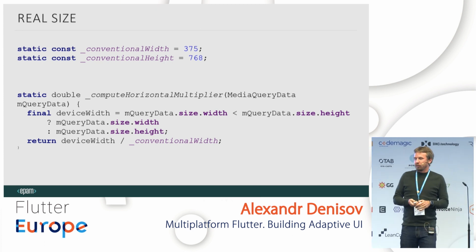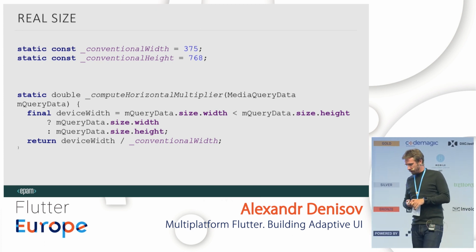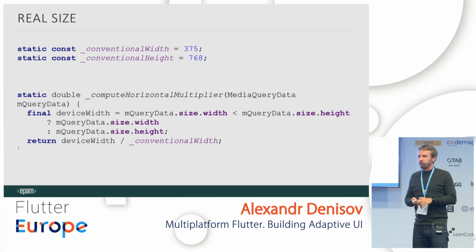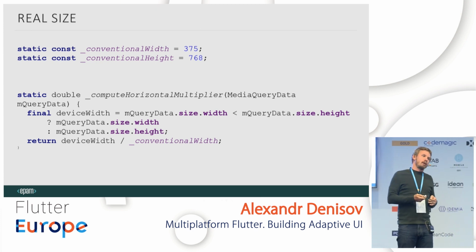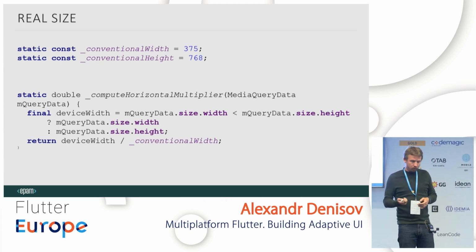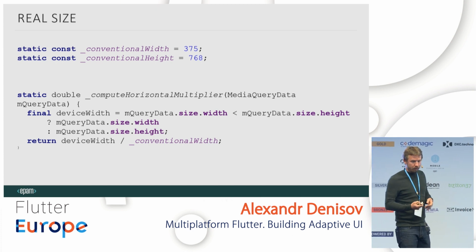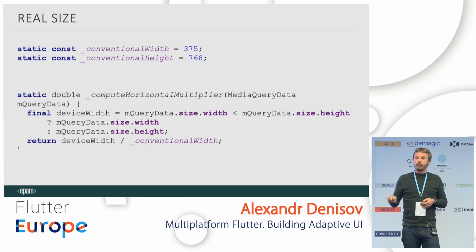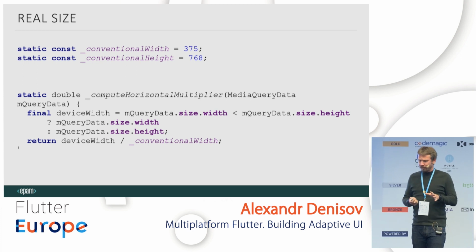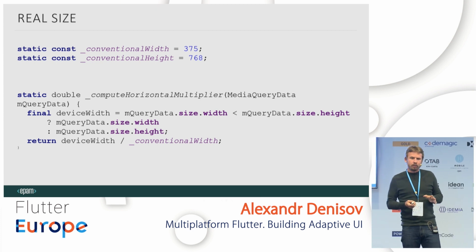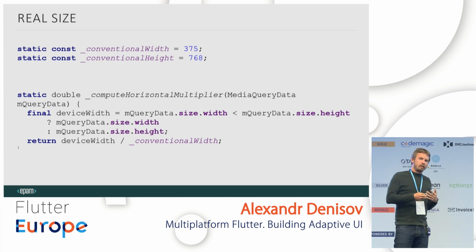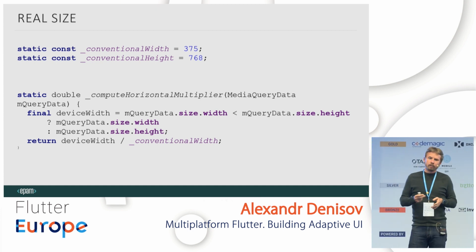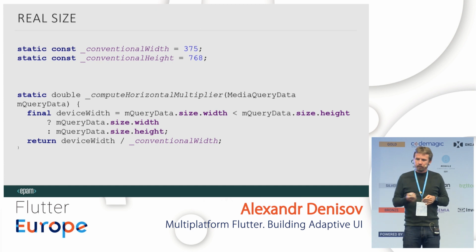This is not a good practice. I don't recommend doing this. If the aspect ratio of the current screen has a big difference from the aspect ratio of the design template, the result can be not so good. For example, an element can be too narrow on a narrow screen, or too wide on a wide screen.